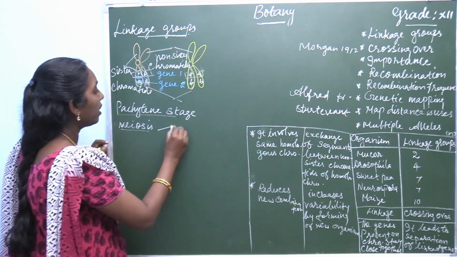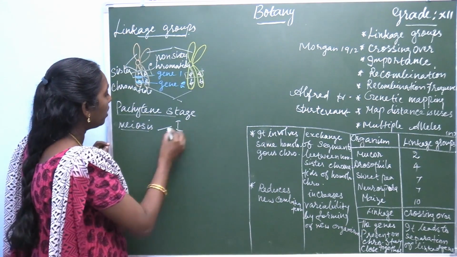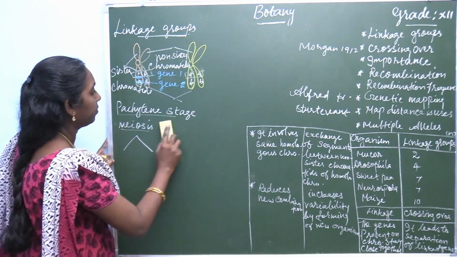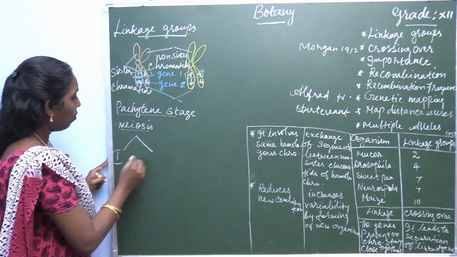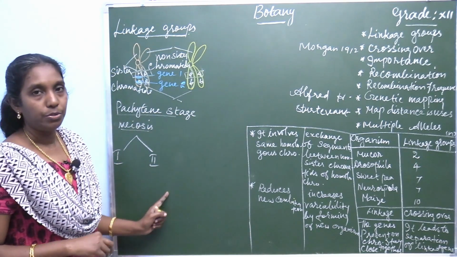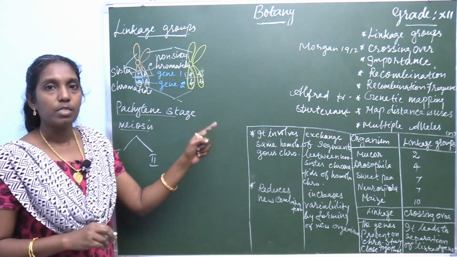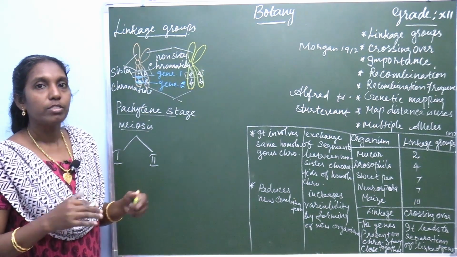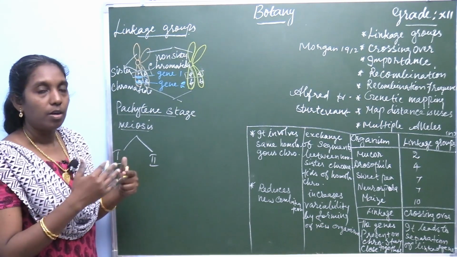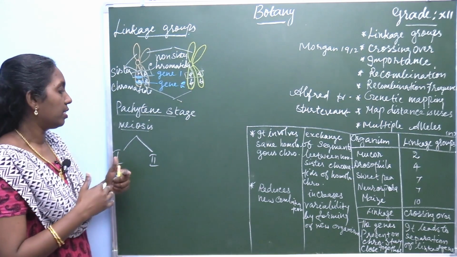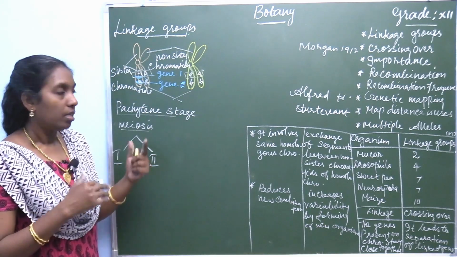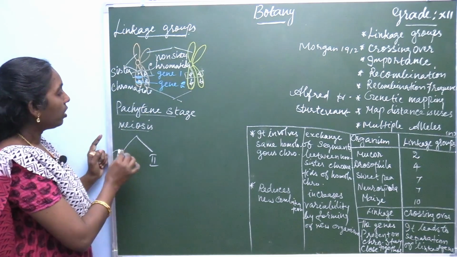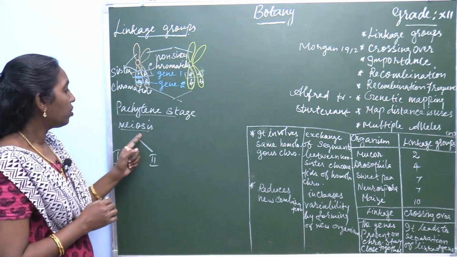Meiosis takes place in two stages, meiosis 1 and meiosis 2. Crossing over takes place mostly in the germinal cells, which produce the gametes. Rarely, it takes place in mitotic cell division.